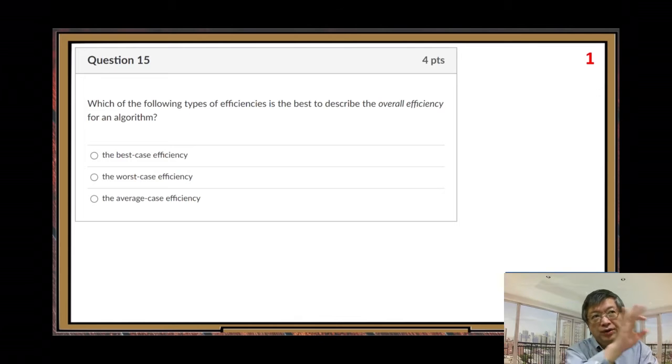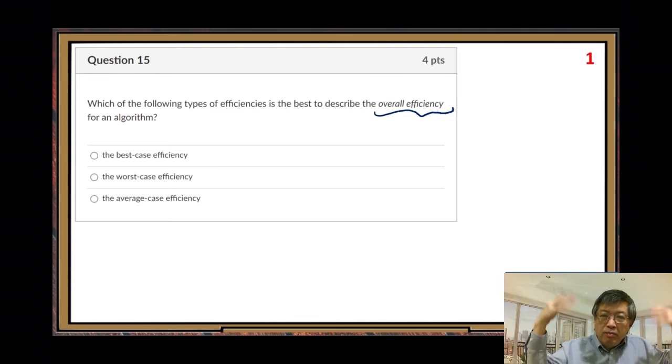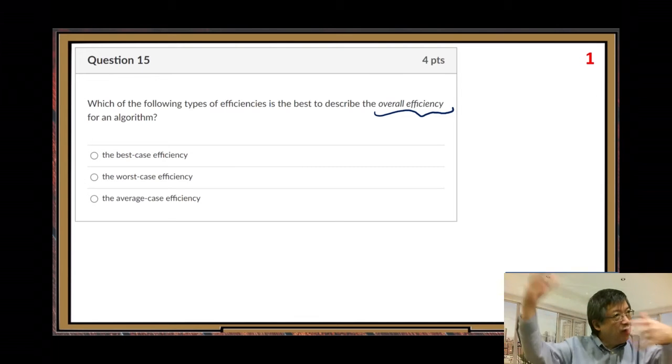So I want to really compare these three different types of efficiencies. Which of the following types of efficiency is the best to describe the overall efficiency for an algorithm? Overall. So we want to consider the overall, the best one that can reflect the overall performance.